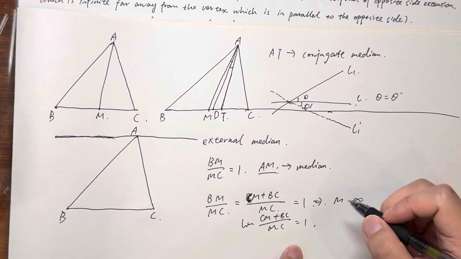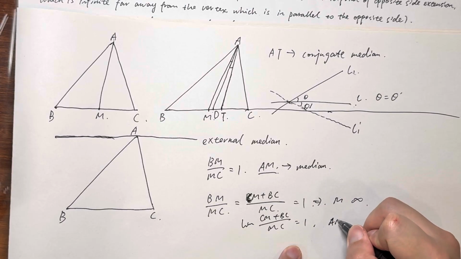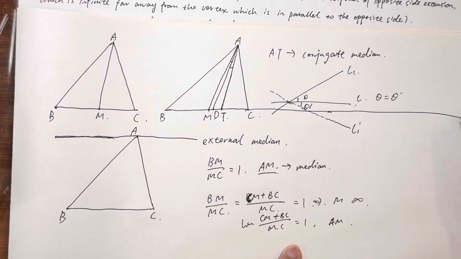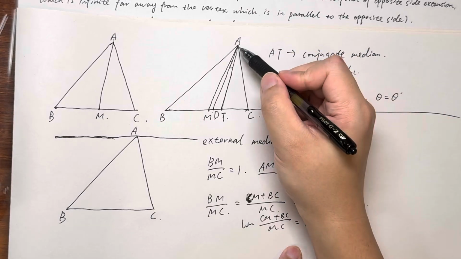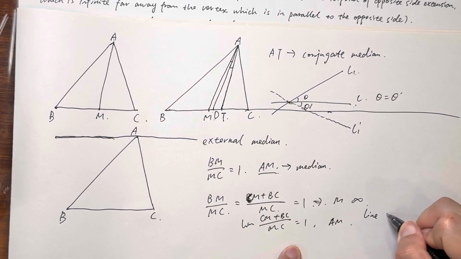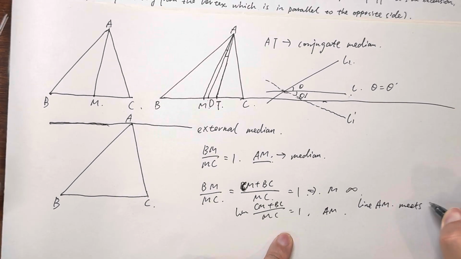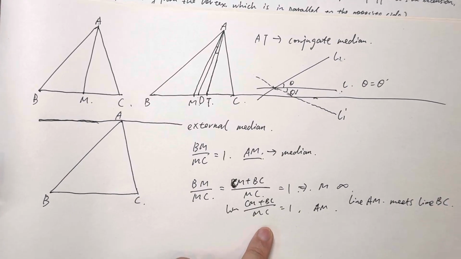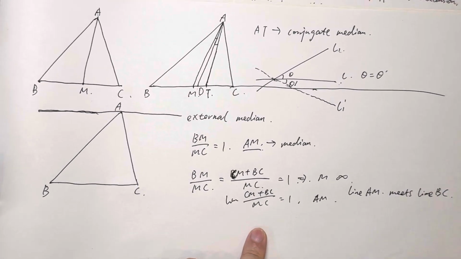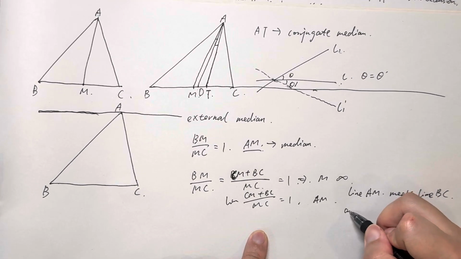And now we want to connect AM, which means the line AM meets line BC at the infinitely far away point.